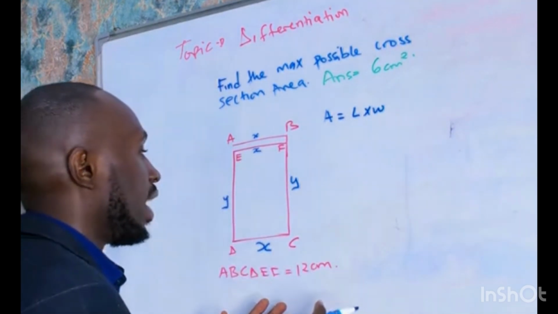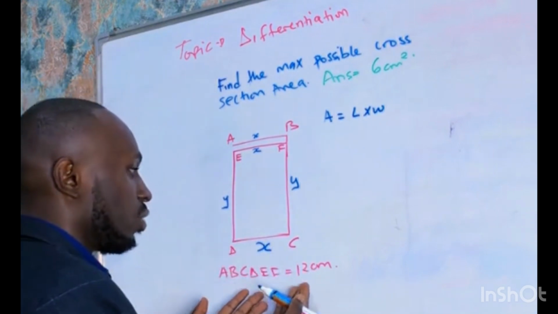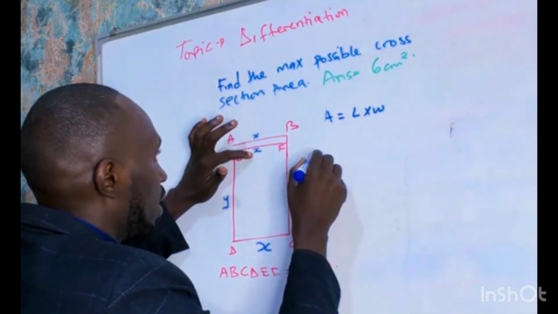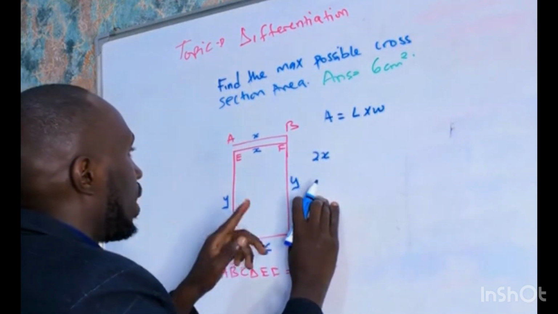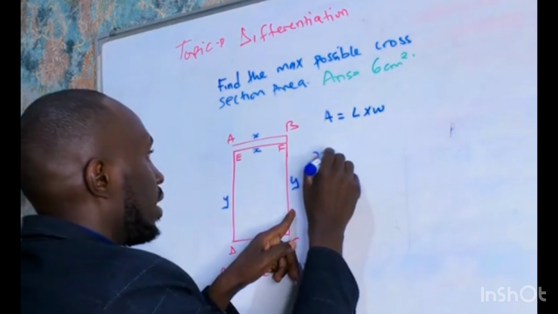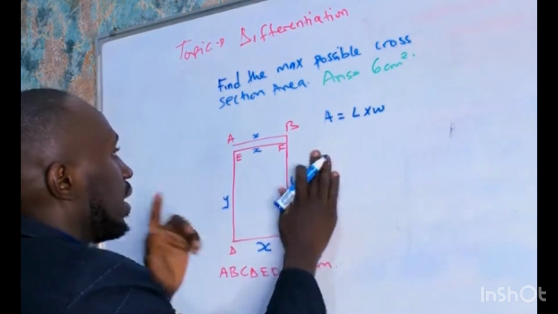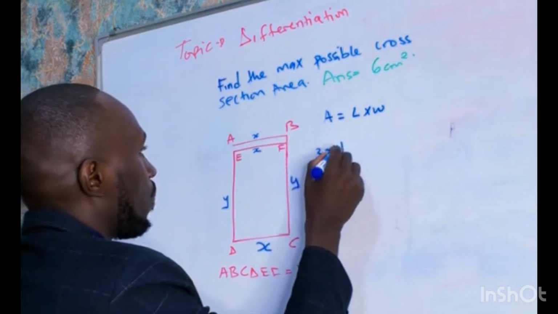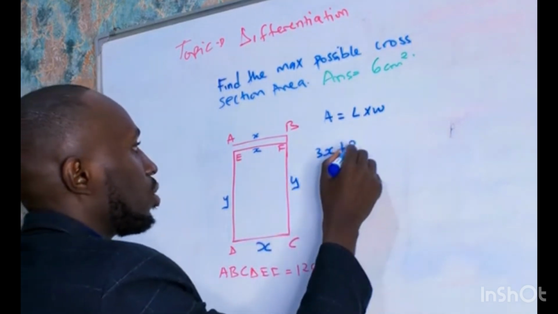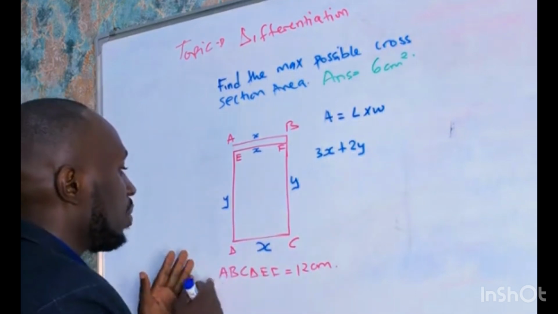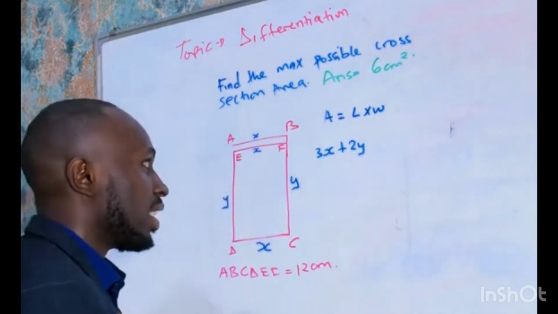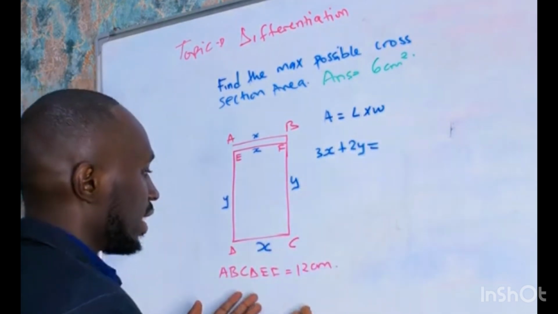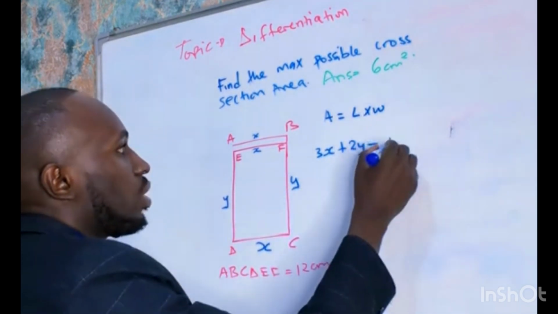Now, let's add everything and equate it to the perimeter. x plus x is 2x, and adding another x makes 3x. y plus y is 2y. That is the total distance around the matchbox, so it is 3x plus 2y, and that distance is given as the perimeter, which is 12.